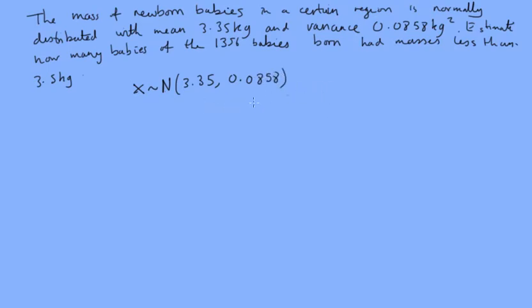So we can find our value for z if x is 3.5. So we've got 3.5 minus 3.35 over the square root of 0.0858, and z comes out at 0.512.